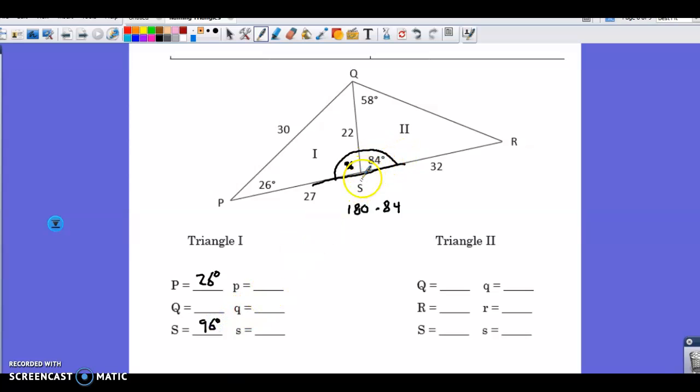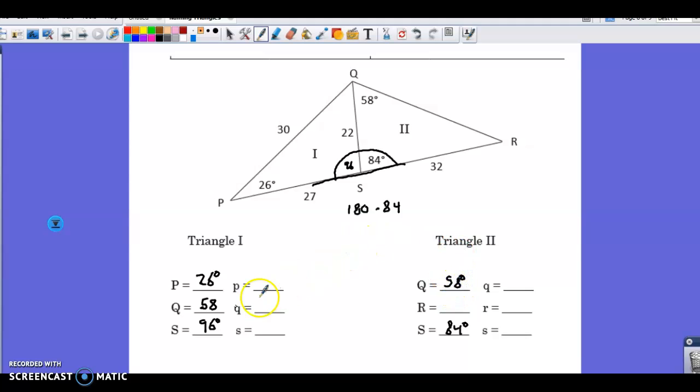The 84 is also angle S, but in the second triangle, 84. So now I can find the other one, 180 minus 96 minus 26. And this Q over here is 58.